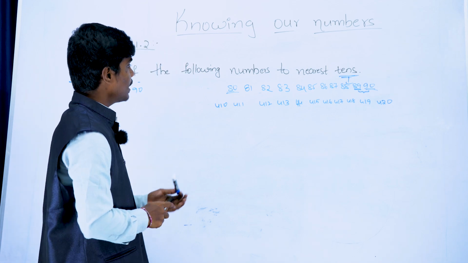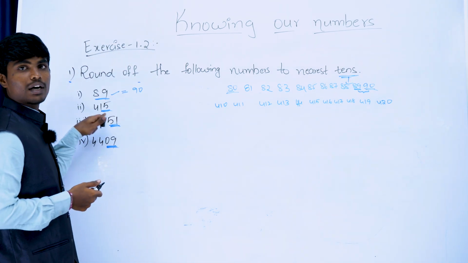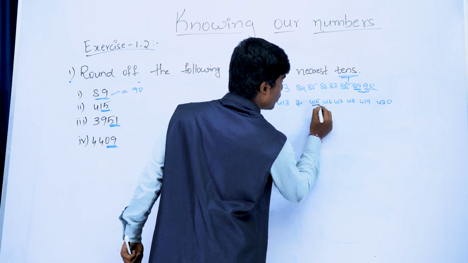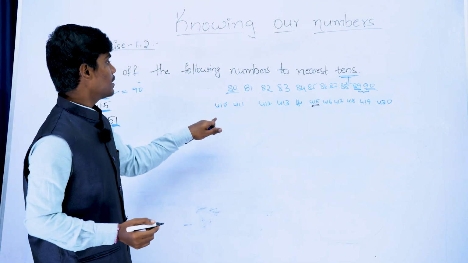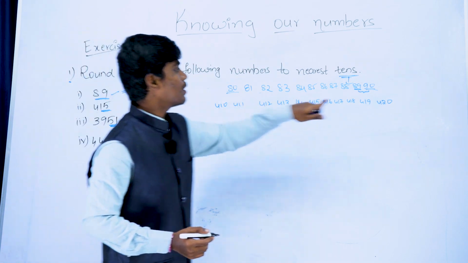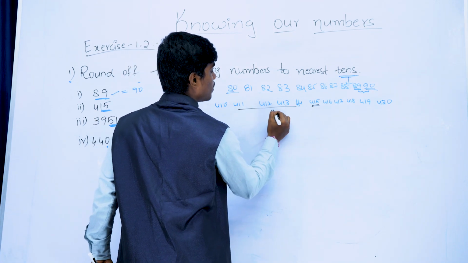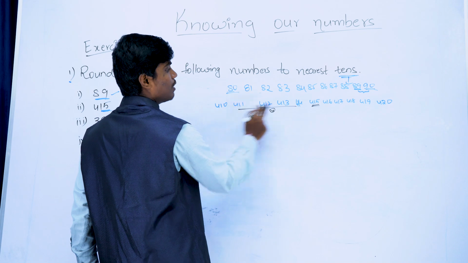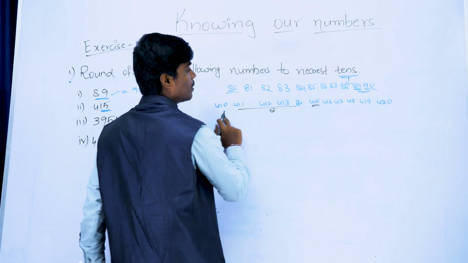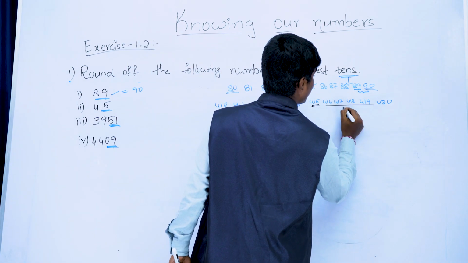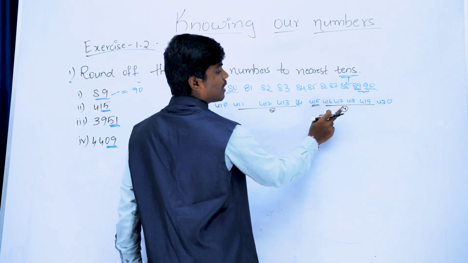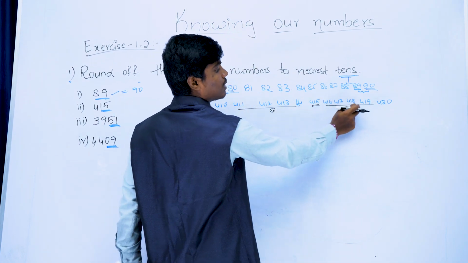Here he gave 415. Let's check the distance between 410 and 420. Here we have 4 numbers between these two numbers, and here we have 4 numbers. See, 1, 2, 3, 4.